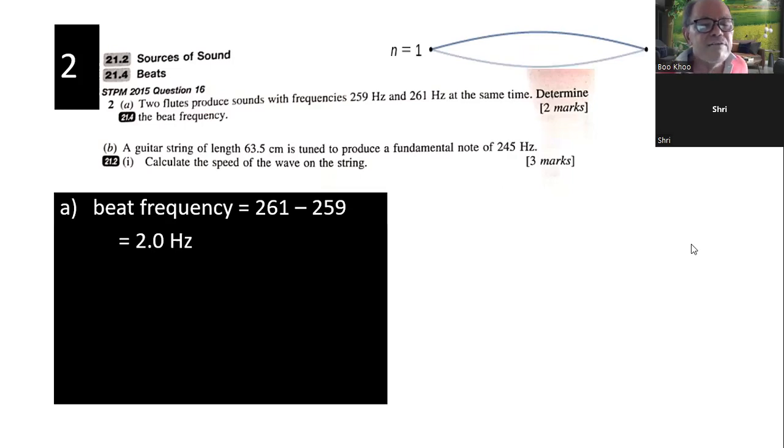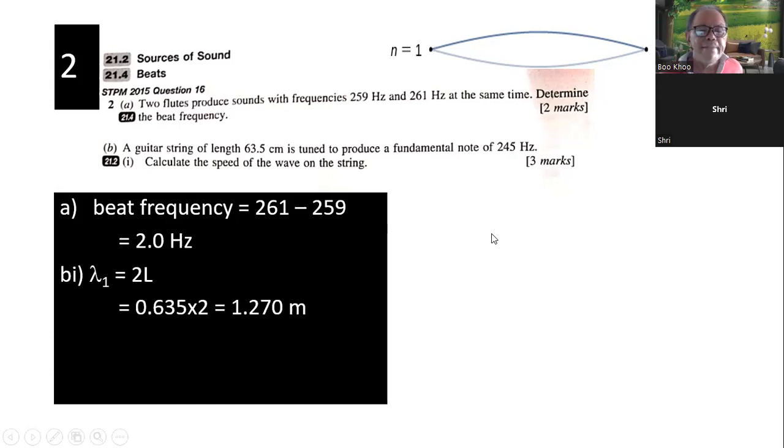A guitar string of length 63.5 cm is tuned to produce the fundamental mode. The fundamental mode is that of note 245 Hertz. Calculate the speed of wave in the string. Lambda equals 2L.